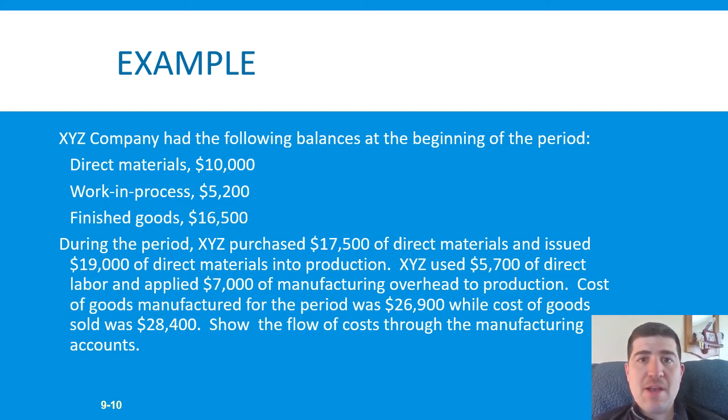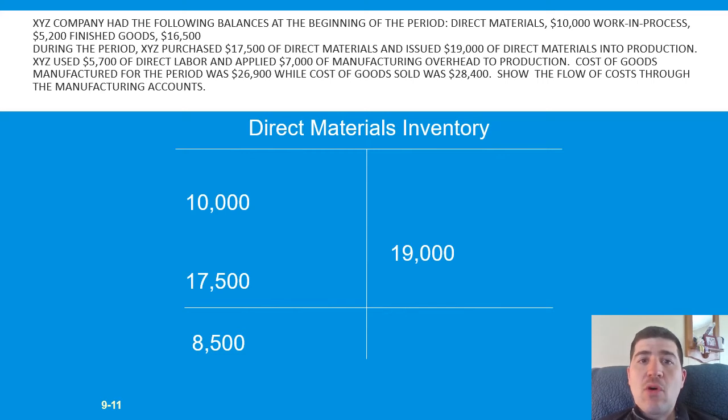So what does this look like? We go back to our old friend Mr. T chart here. So I put the question at the top really small just so that way we can reference it. So our direct materials, we started off with the $10,000. We purchased $17,500 right there.